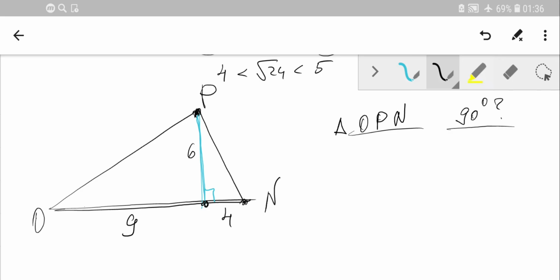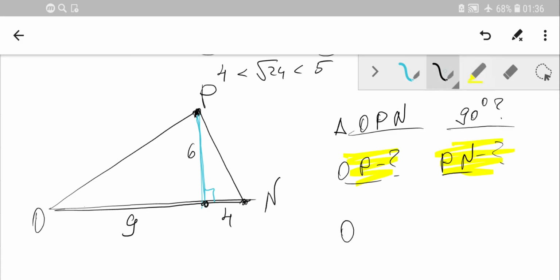Obviously, you need to figure out the size, because in order to check, you need to calculate OP and you need to calculate PN, because you know that your ON, so I'll put the questions here because they're candidates that we're looking for, because you know that ON is actually 9 plus 4, right?